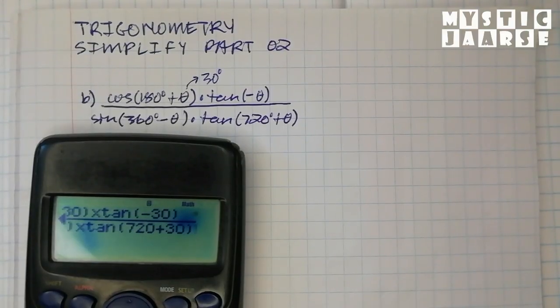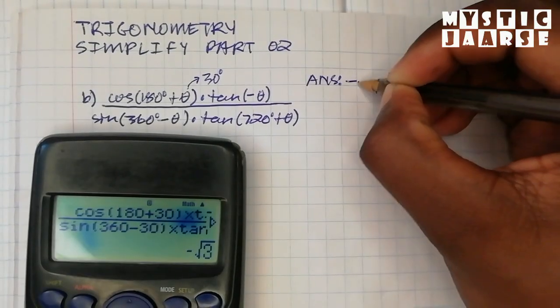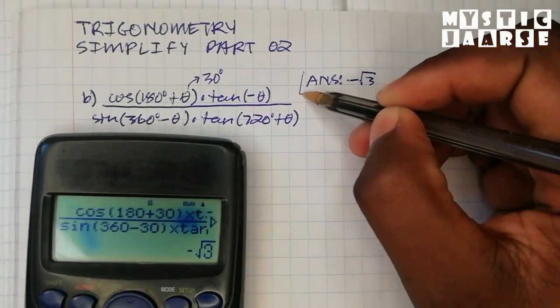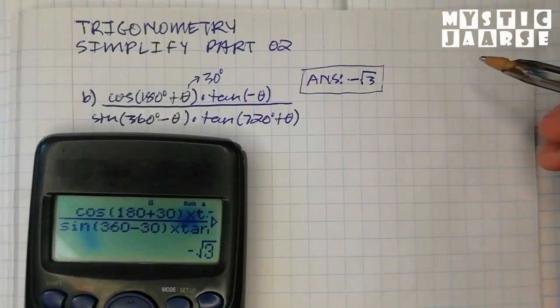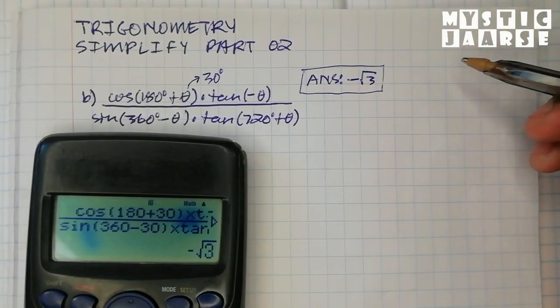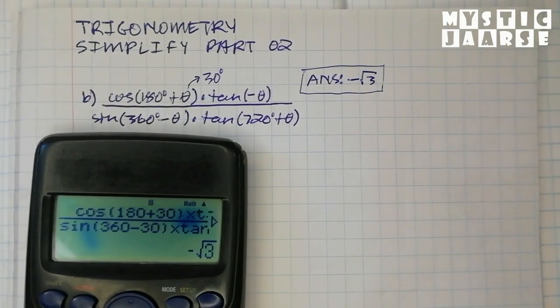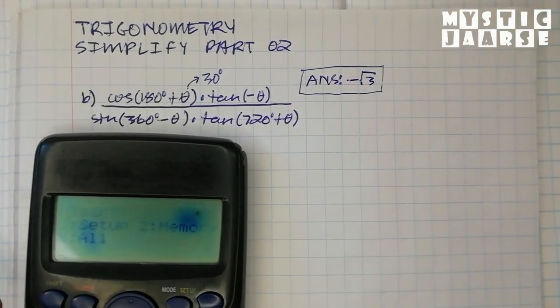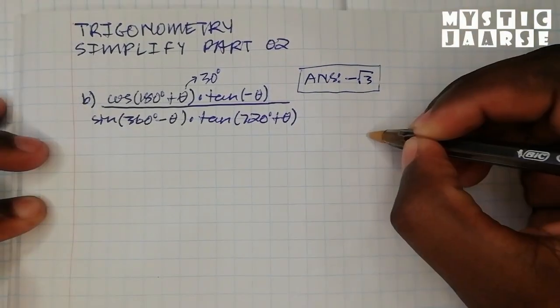The answer that I'm supposed to get is negative square root of 3, but we are not going to get negative square root of 3. We are going to get a trig ratio that will give us negative square root of 3 when we replace theta with 30. So we are just doing this to check whether or not we got our answer correct.